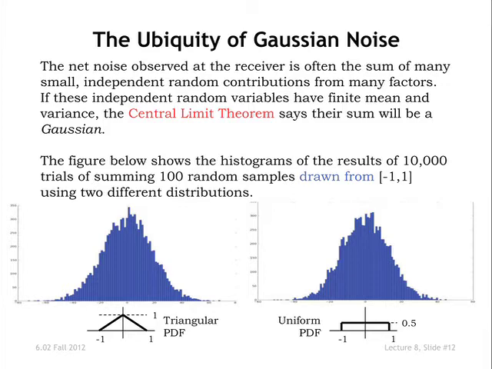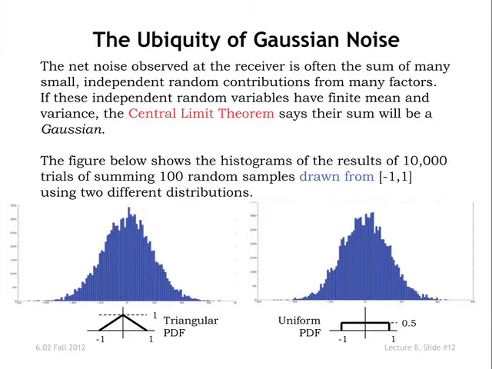So here's the central limit theorem. It says that if you sum up a whole bunch of little random quantities that are not necessarily Gaussian, and if they each have finite mean and finite variance, the sum is going to have a distribution that looks increasingly Gaussian. So you could start, for instance, with a random variable that's described by this triangular PDF.